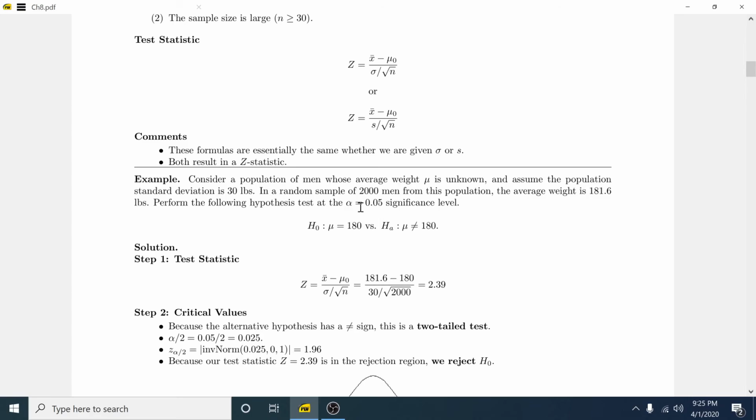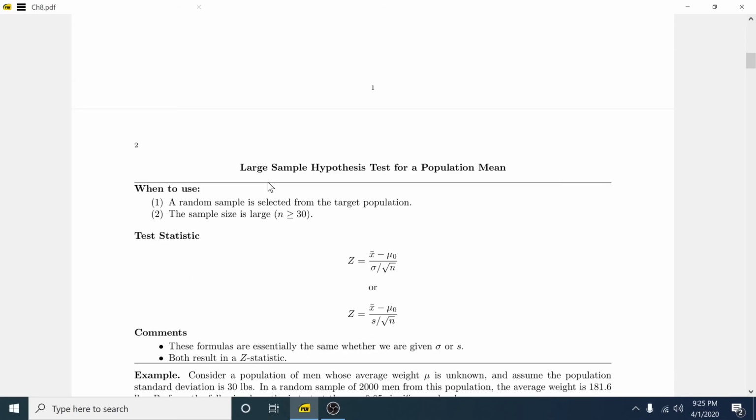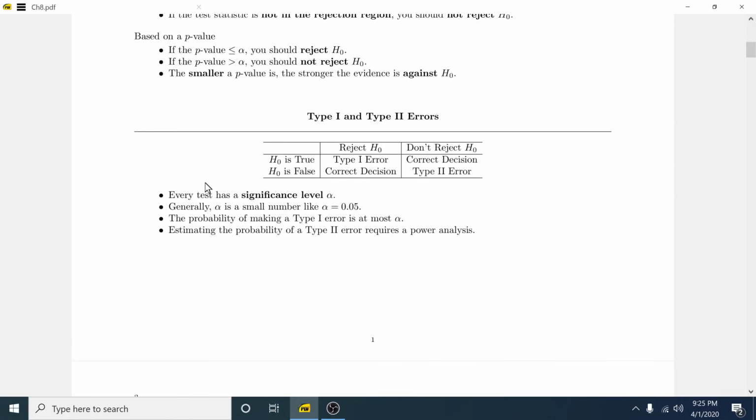Now, what does alpha really represent? Well, if we come back to this slide, this says that every test has a significance level alpha, and generally alpha is a small number, like alpha equal to 0.05. And when you're doing a hypothesis test, there are really two types of mistakes you can make. There are two types of errors that can occur. One thing that you can do is, whenever H naught is true, you can reject H naught.